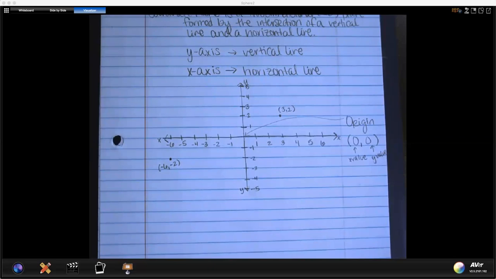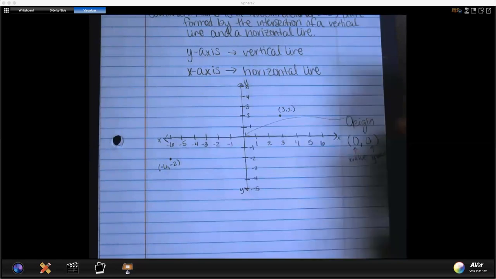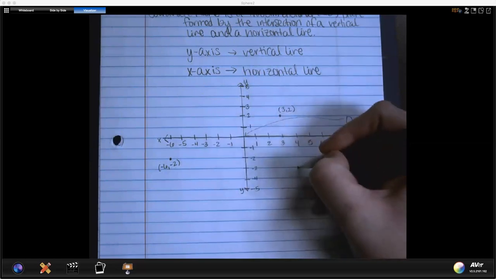Okay, so 4, -3 should be in what part? Use directions. Bottom right, good. So 4, -3.